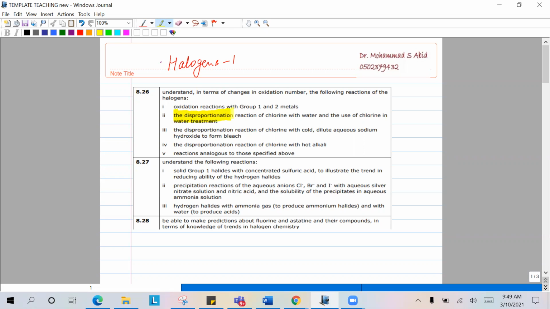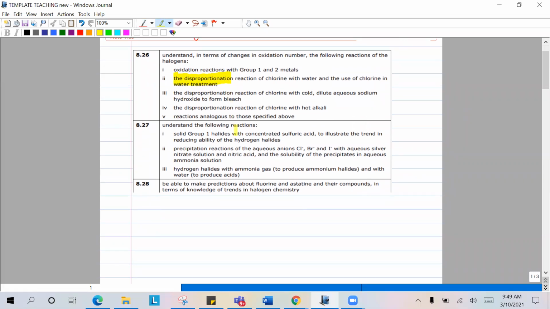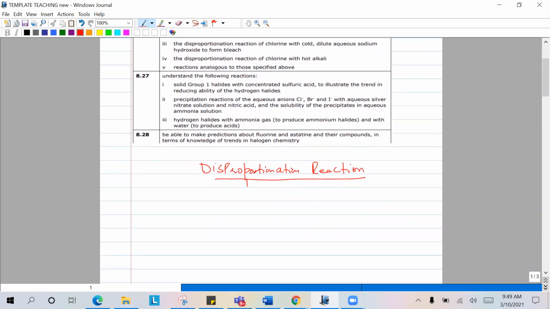Disproportionation reaction was done before also, in the chapter for redox reactions, but we will quickly review this again. Disproportionation reactions are actually redox reactions, but a special type of redox reaction.